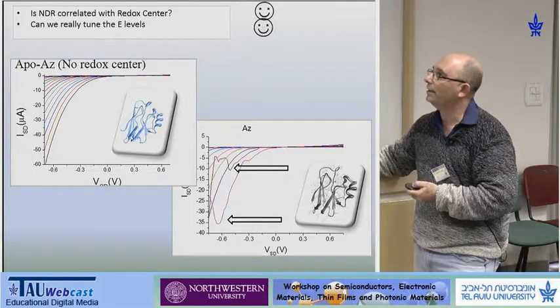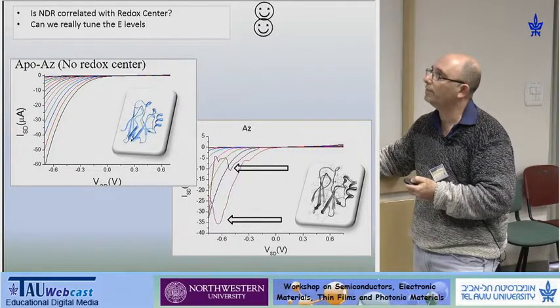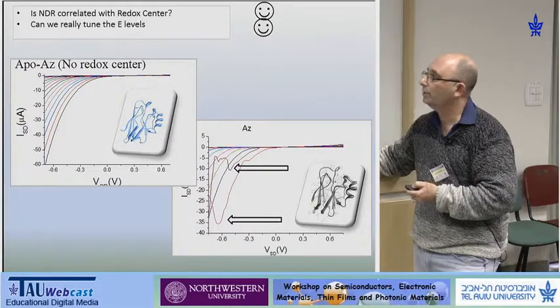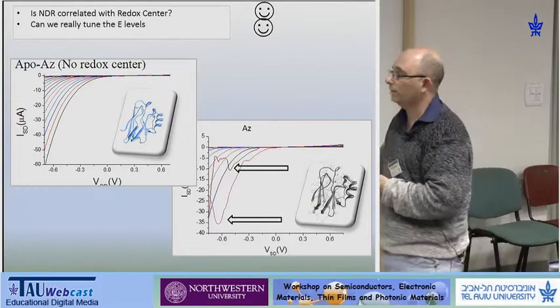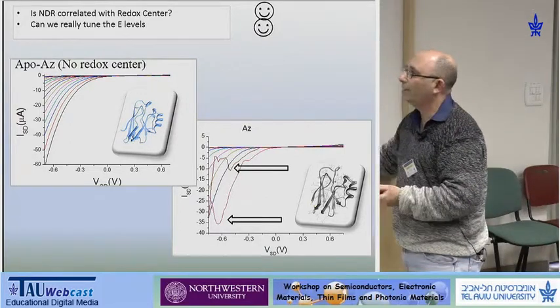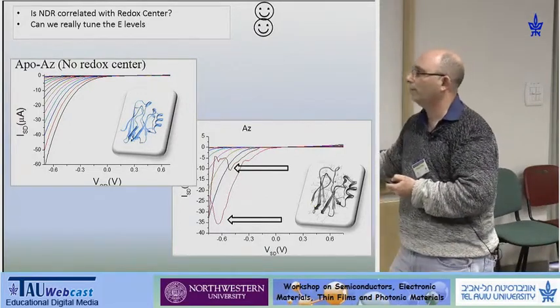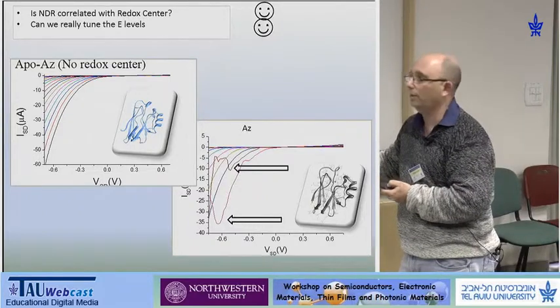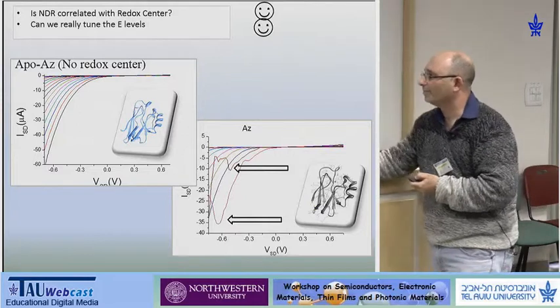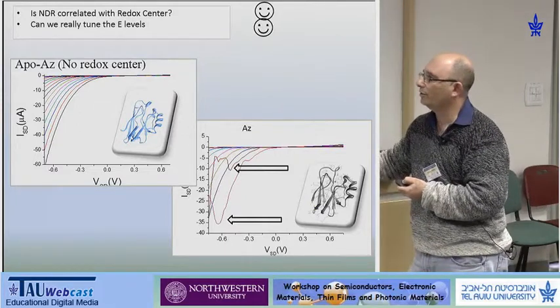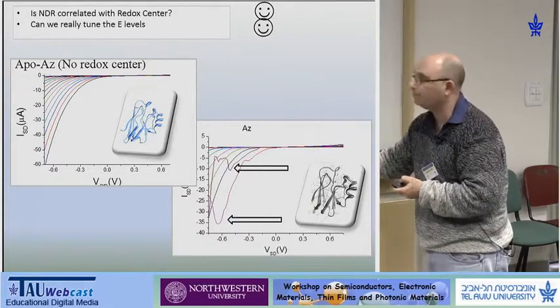It means that the NDR is correlated with the redox center, and we can tune the energy level inside this protein self-assembled monolayer. The mechanism for this phenomenon is still open, and I hope that there are some theoreticians that work on this problem because it's considered very important in bioelectronics.